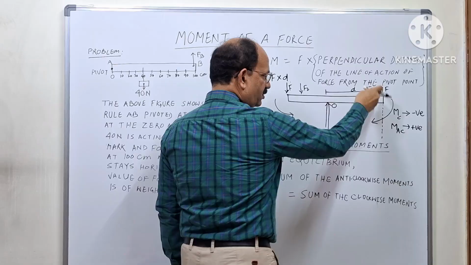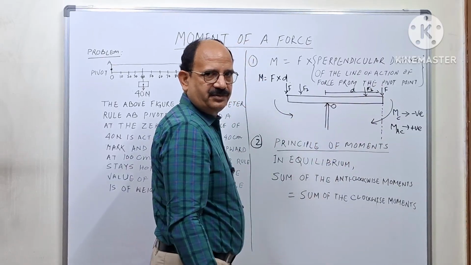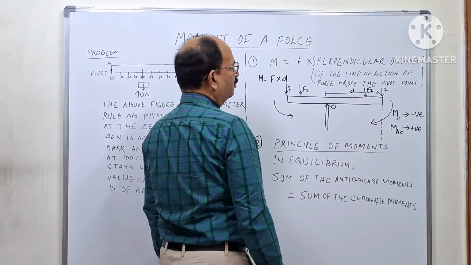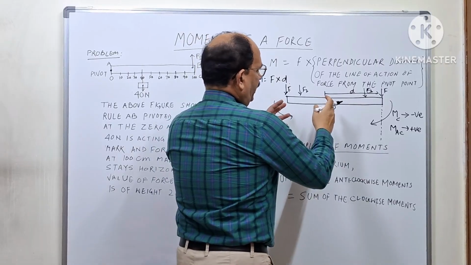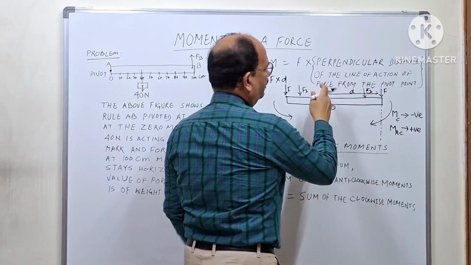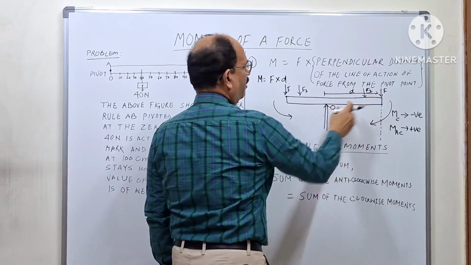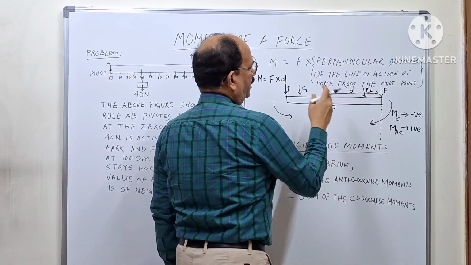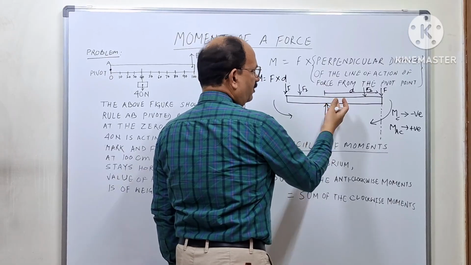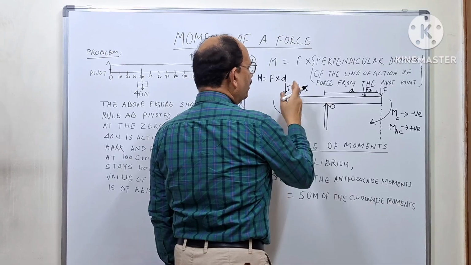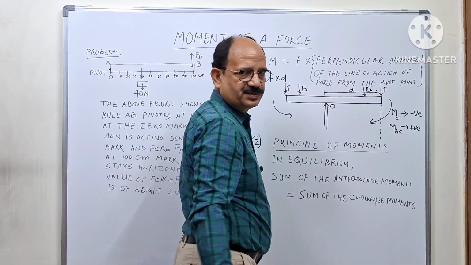This F3 will also try to rotate it in the clockwise direction, right? So, when a number of forces are being applied on a rod which is pivoted, then the resultant moment will be the net moment produced by all the forces.